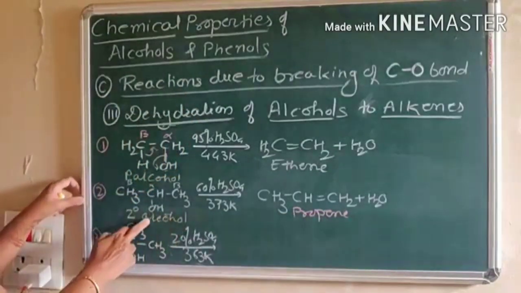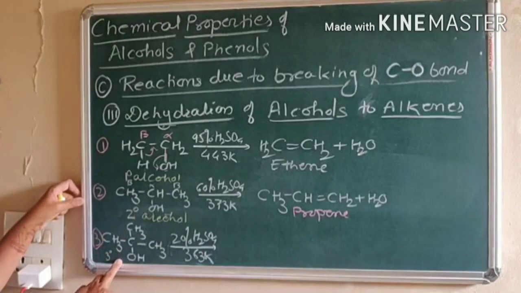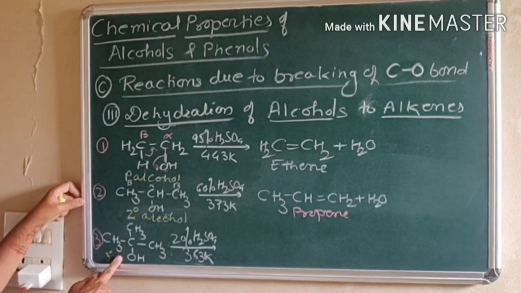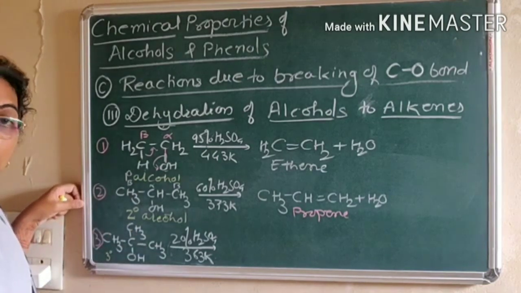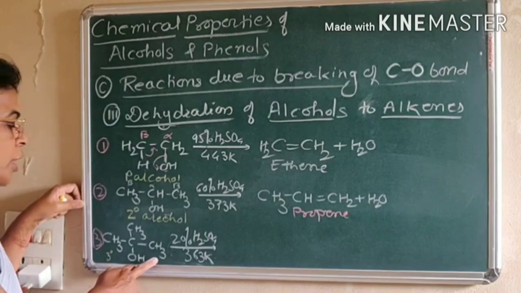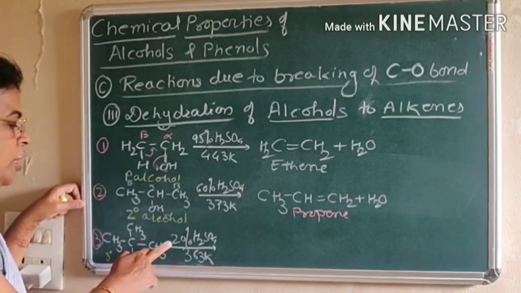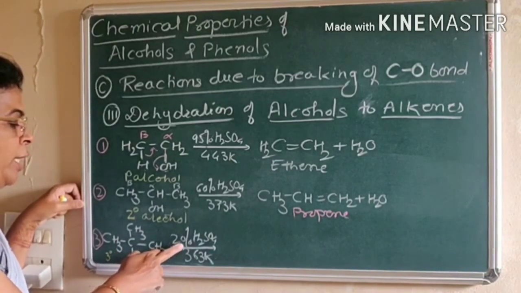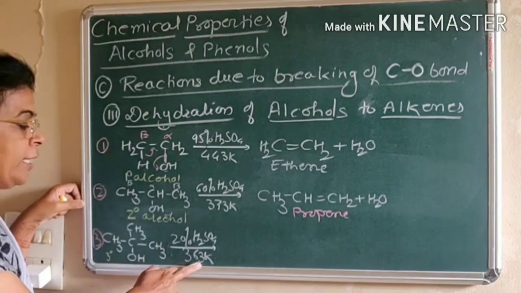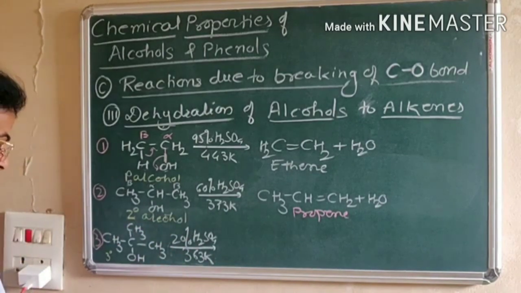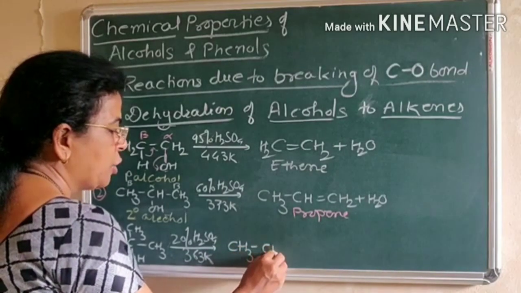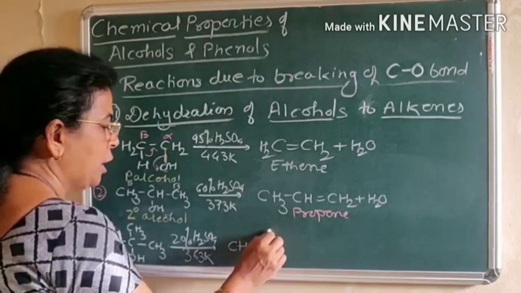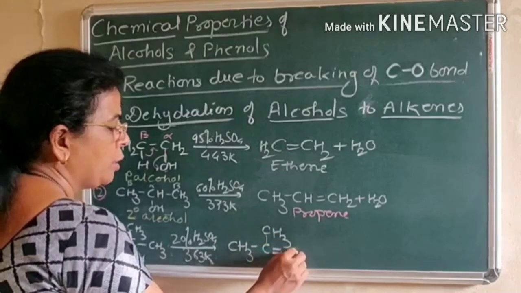Now we are going to see this third reaction. This is tertiary alcohol, that is tertiary butyl alcohol. Now this tertiary butyl alcohol is most reactive. Therefore, it easily undergoes dehydration in 20% H2SO4 at 363 Kelvin temperature to form (CH3)2C=CH2.